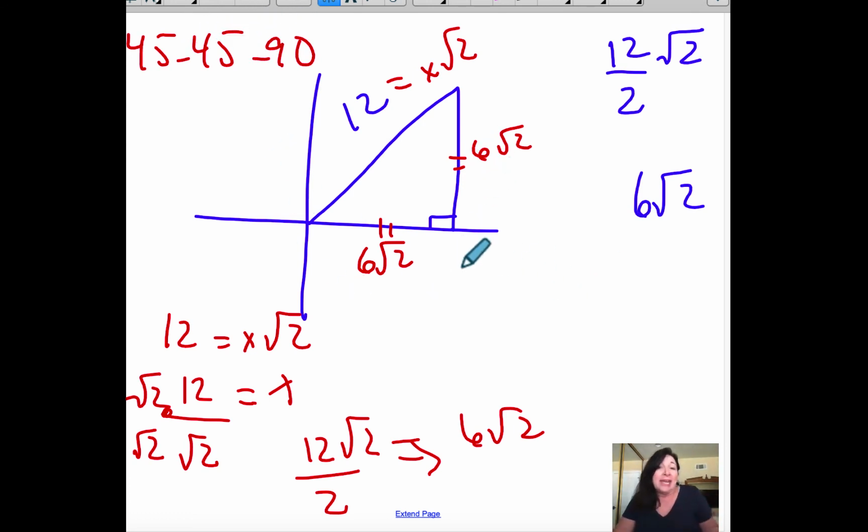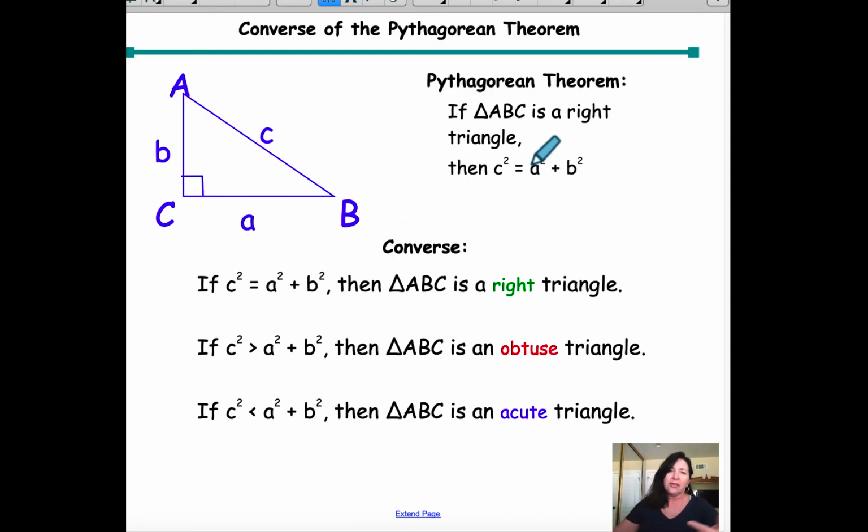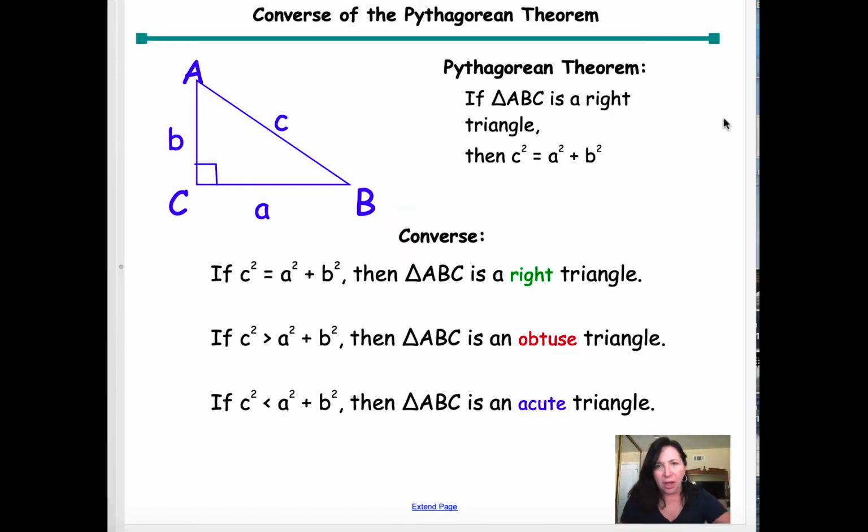Meaning, they didn't give me two sides, because to use the Pythagorean theorem, I need two sides, but they only gave me one. Most of the time, they'll give you two. So this is the converse of the Pythagorean theorem. And with the converse, not the Pythagorean theorem, because if you're using the Pythagorean theorem, then it's a right triangle, right?